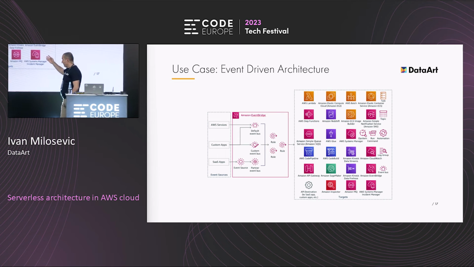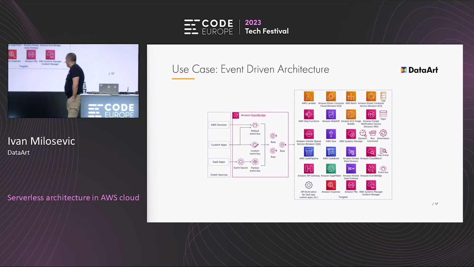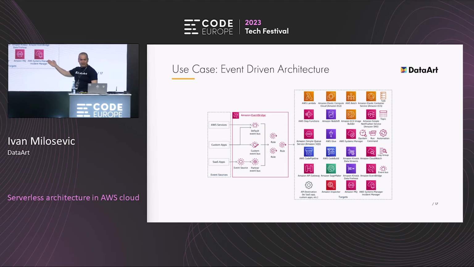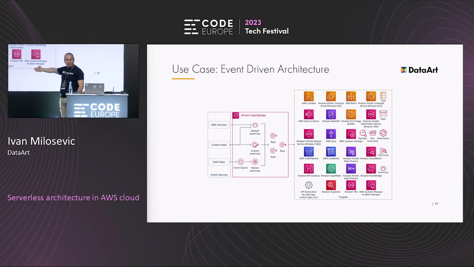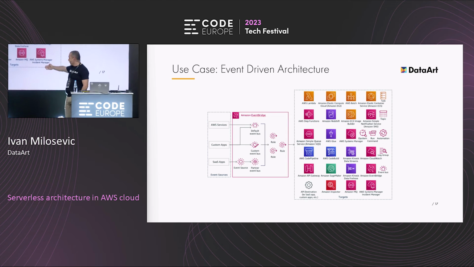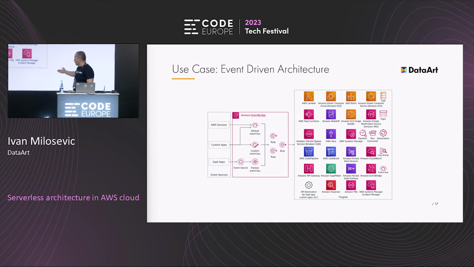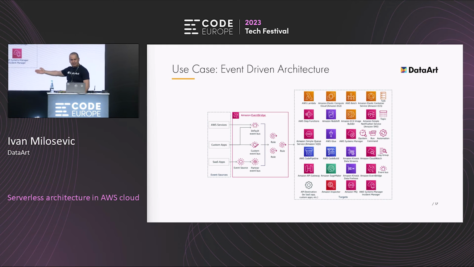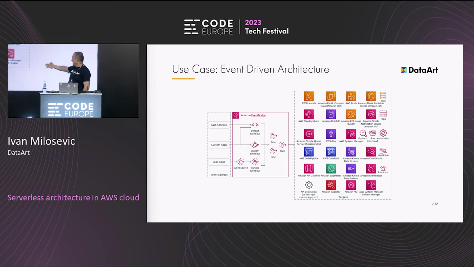If you need, I don't know, a training model for your artificial intelligence, use SageMaker. If you need to build a custom AMI image, use EC2 Image Builder. If you need RabbitMQ to react to the event, there is Amazon MQ. And as you can see, many others.